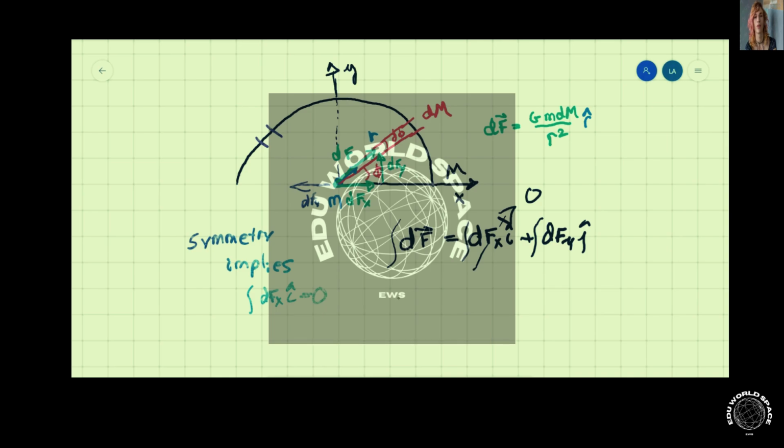Now dFy is equal to, it's just the right triangle here, so it's equal to the hypotenuse dF times sine of phi. Here's dFy equals dF sine of phi.